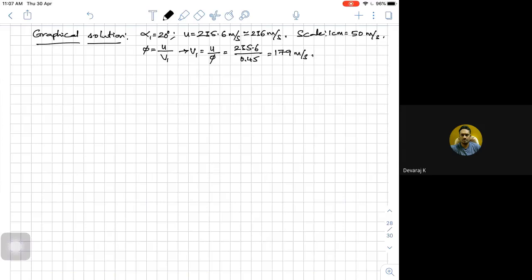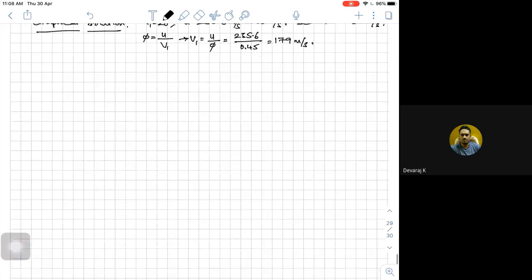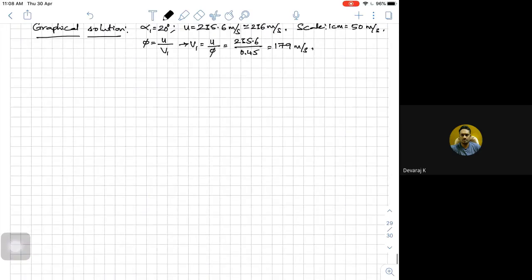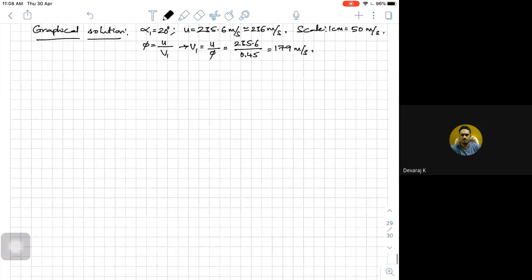Now, you know the value of u. So you take the scale, and the first thing is you draw the u. If I take 1 centimeter as 50 meters per second, then 235 meters per second will be 4 point something.